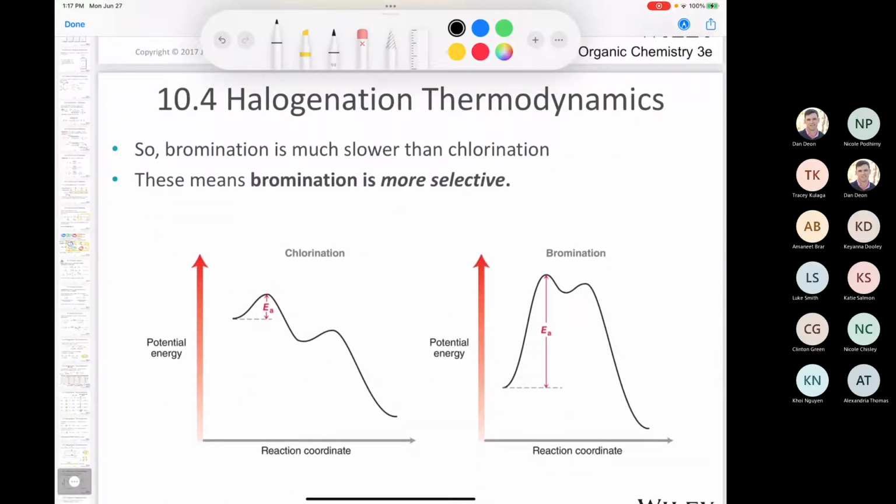Bromination is slower because if the hydrogen abstraction step is endothermic, that means it has a higher activation energy, right? This is the first step of the reaction, going from the starting material to this intermediate. This is the hydrogen abstraction. The next step is the halogen abstraction.